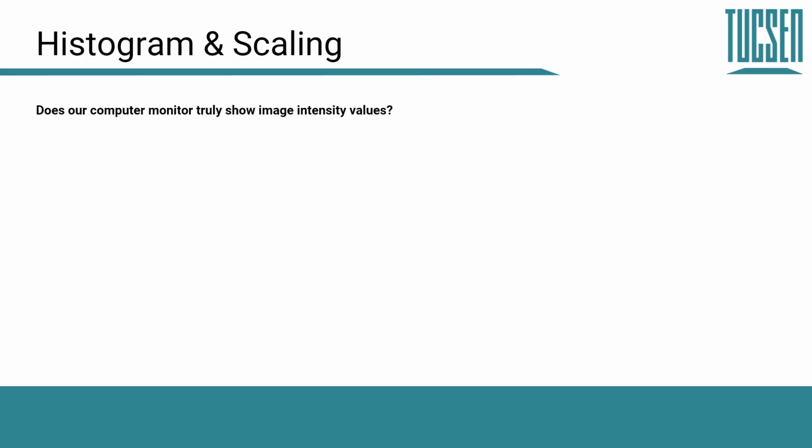As we've talked about before, monitors rescale images to 8-bit, only 256 different brightnesses that a monitor pixel can be. So how do we represent this data?